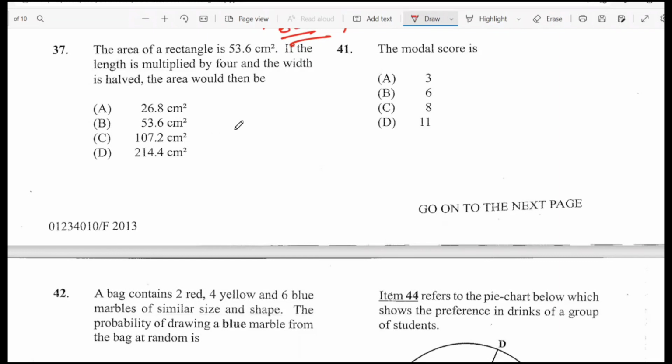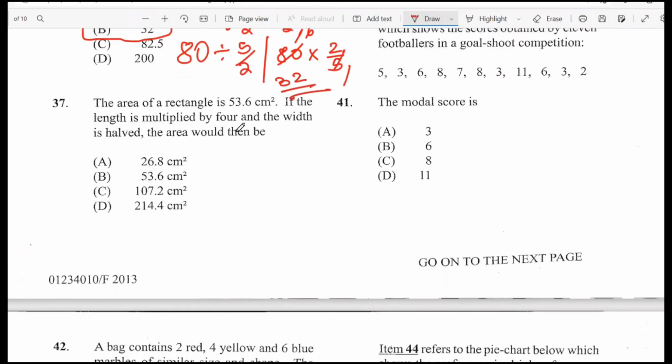The area of a rectangle is 53.6. If the length is multiplied by 4 and the width is half, the area would then be what? When we're talking about a rectangle, the area is length times width. What this is saying indirectly is length times width was 53.6.